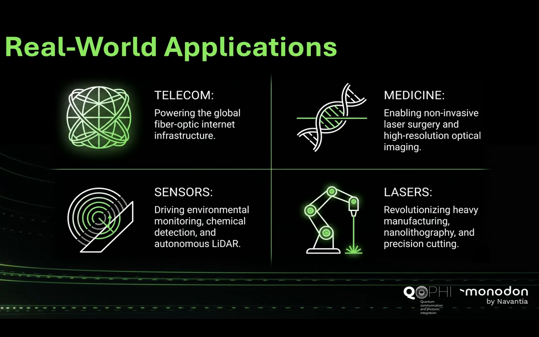In naval applications, fiber optic systems can be used for submarine detection and underwater monitoring. And for communication, technologies like free space optics and quantum key distribution allow us to transmit data securely, even through the air.